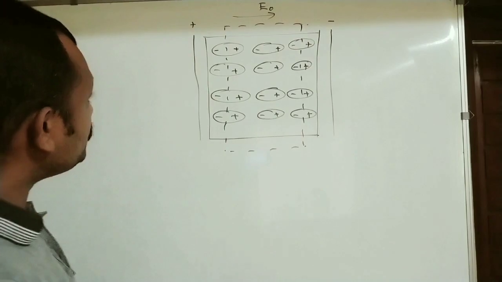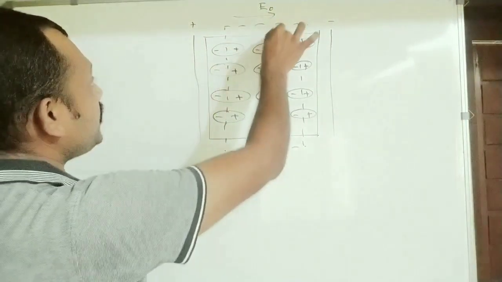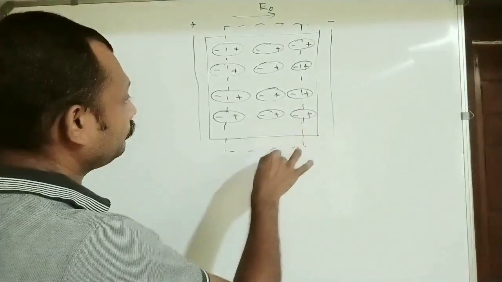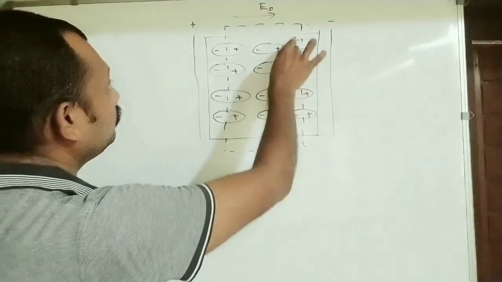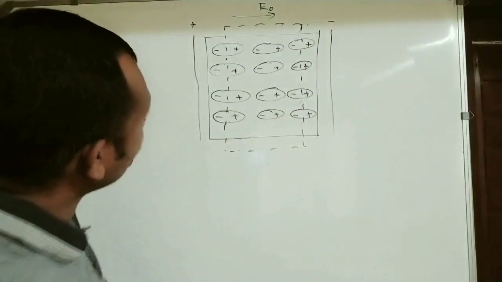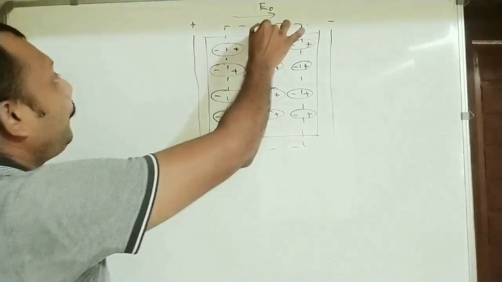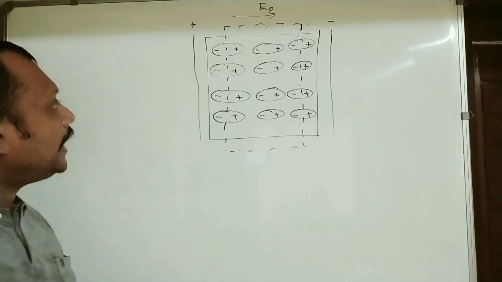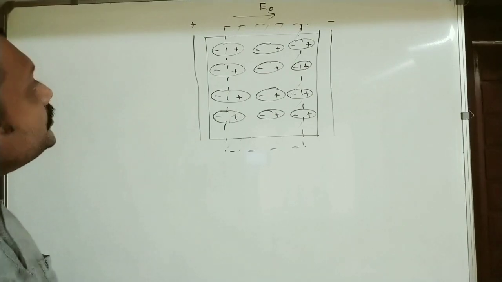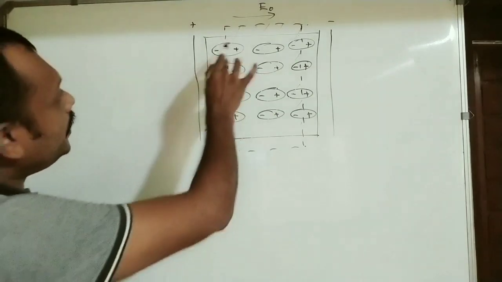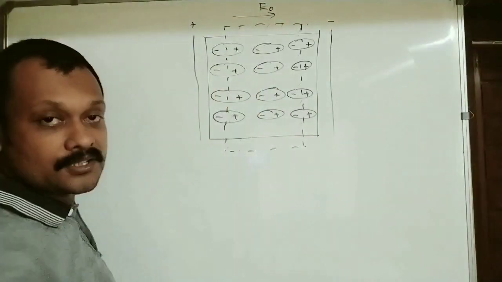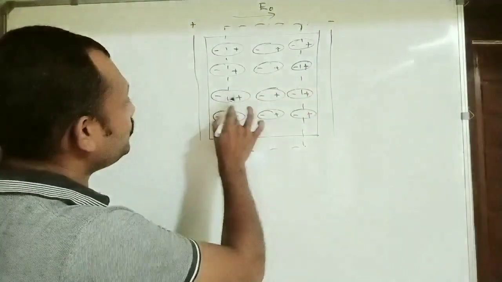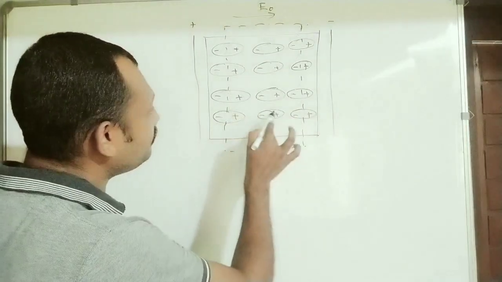Now you can see the region which I am shading here. I have made only a lighter shading. In the shaded region, you can see positive charge, negative charge, positive, negative, and so on.